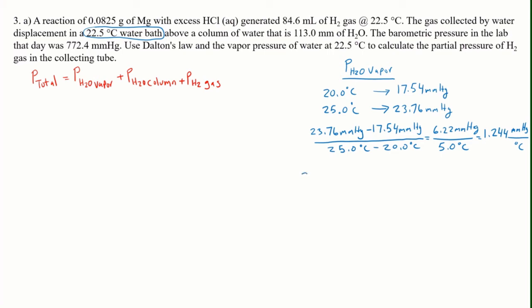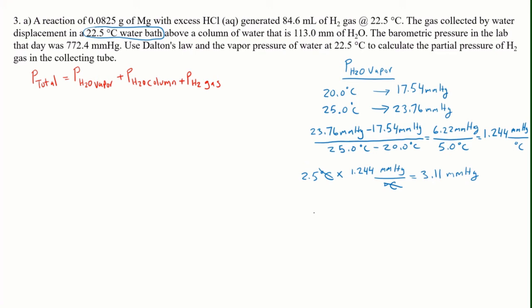So in 2.5 degrees, the difference between 20 and 22.5, I could calculate how much the pressure will increase. It will increase by 1.244 millimeters of mercury per degree Celsius times 2.5 degrees. The degrees of course cancel, you're left with pressure, and the exact pressure here will be 3.11 millimeters of mercury.